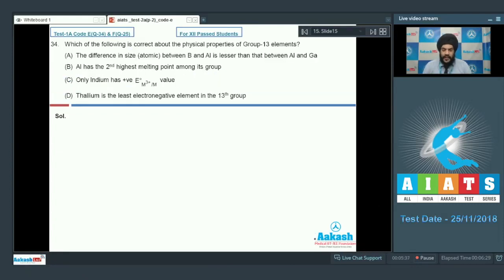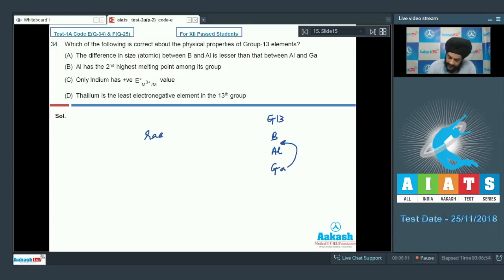Question number 34. Which of the following is correct about the physical properties of group 13 elements? The difference in size between boron and aluminium is lesser than that between aluminium and gallium. Students, we know that in group 13 elements, the size of gallium is lesser than that of aluminium.